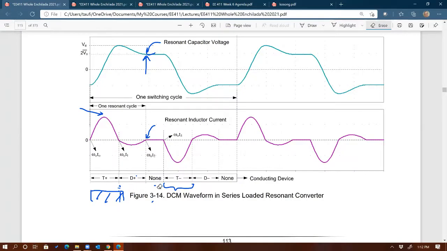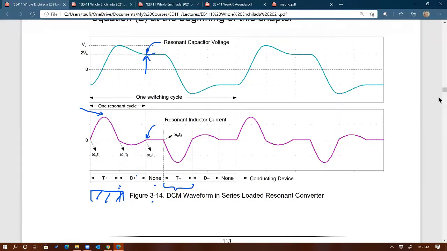Any other questions? Yeah, I had one question. Could you clarify why the inductor current is smaller when D plus is on compared to T plus? Like, why is the second hump smaller than the first hump? Well, we have a different combination of voltages.